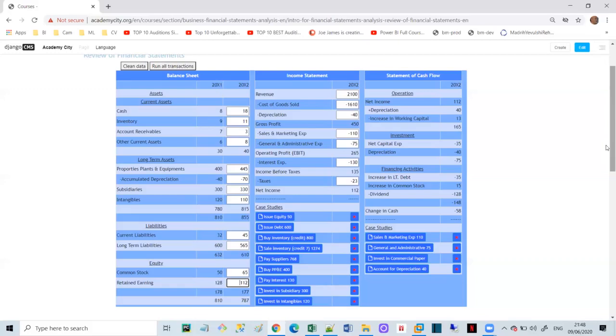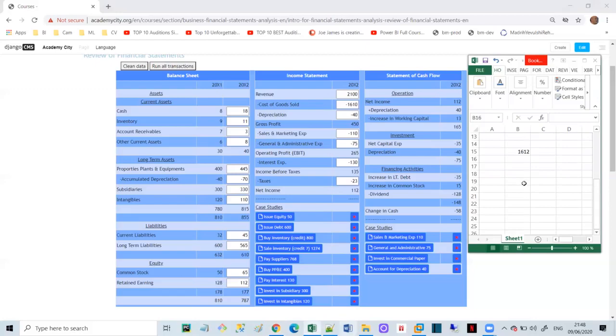We expected, according to what we learned before, let's calculate the retained earnings. We had 128 at the beginning of the year. We had a profit this year of 112. So the retained earnings should have been that amount. But I see that my retained earnings is not 240. It's only 112. What is the difference? That's when the company distributes dividends, the money goes out. I mean, my bank account would go down.